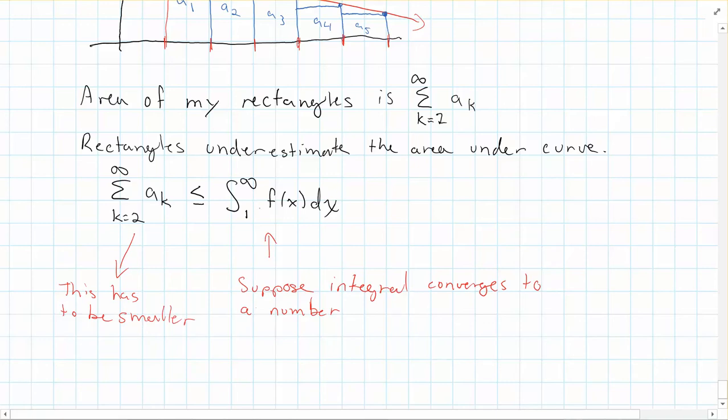What we aren't really clearly saying here is that we have a series that has some monotonic properties, but because the integral is bounded and converges to a number, the series has to be smaller than that number, so it's also got to go to some number. So it also converges.